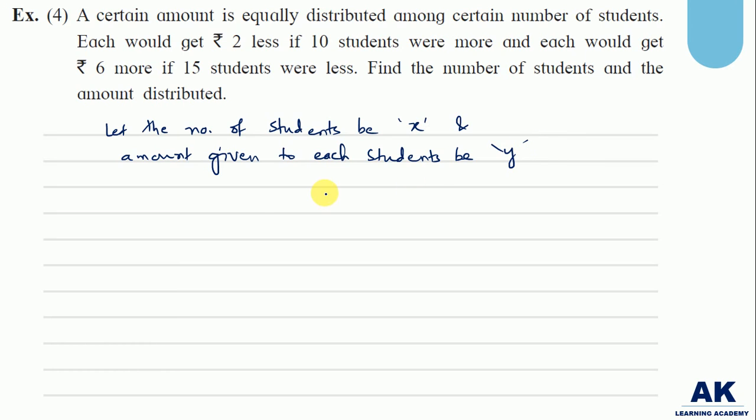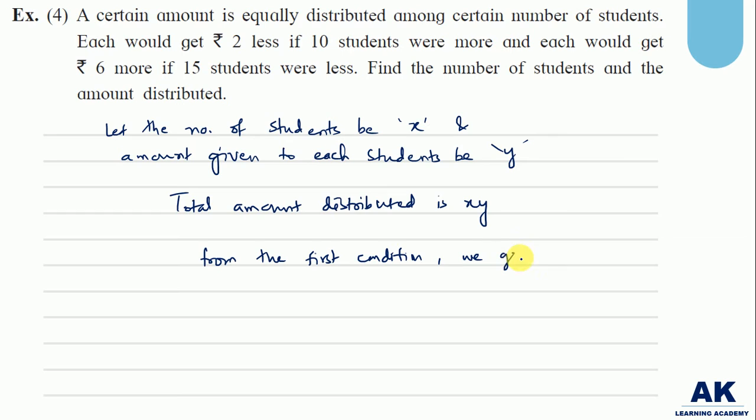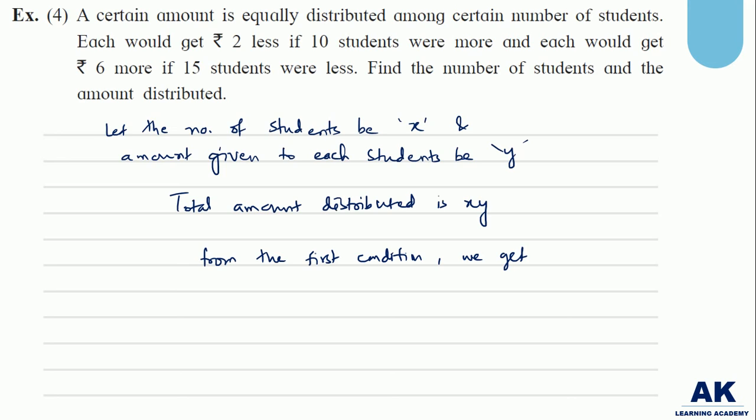Then total amount distributed is xy. From the first condition, we get x plus 10, right?